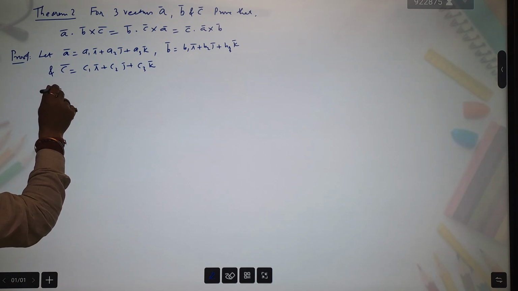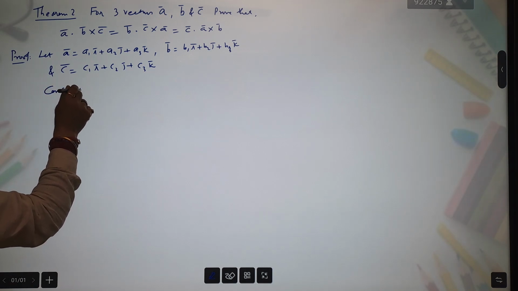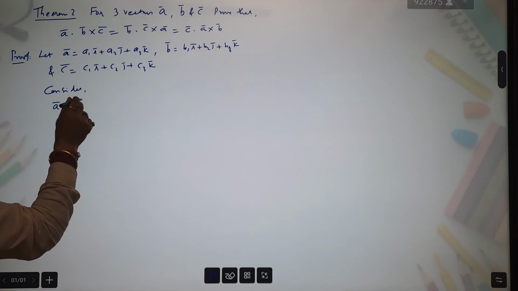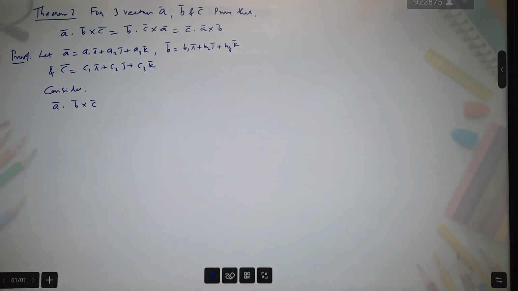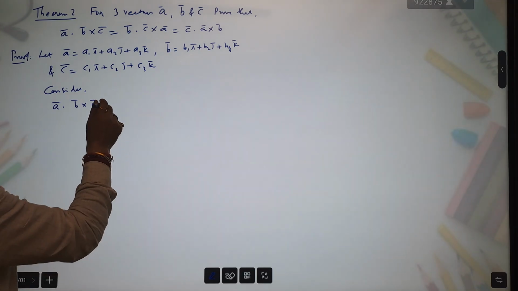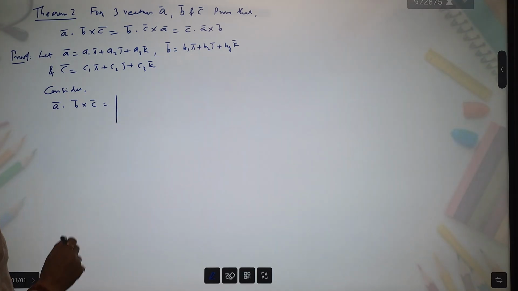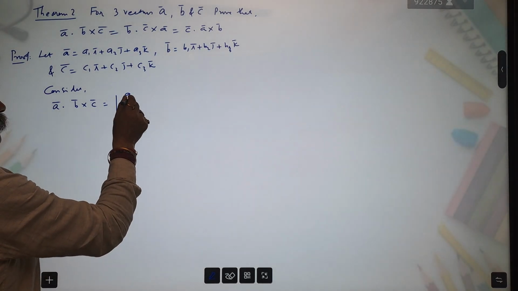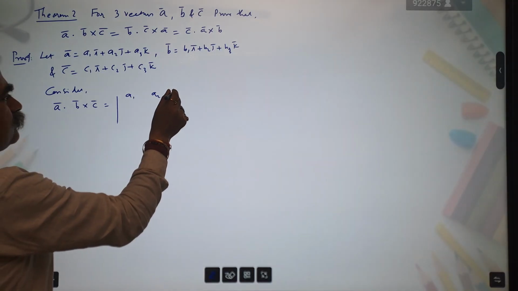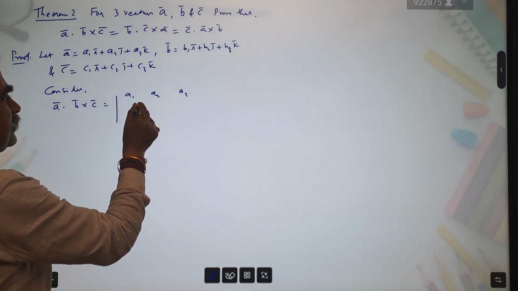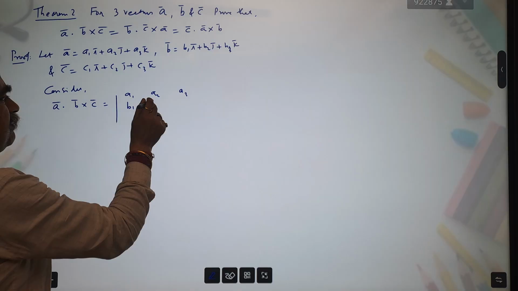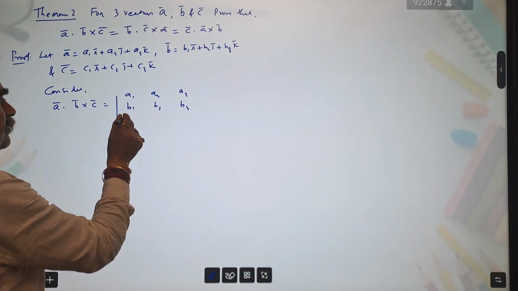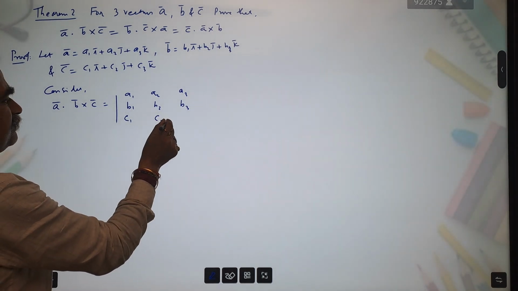Consider A bar dot B bar cross C bar. We have proved in previous theorem A dot B cross C is what? A1, A2, A3, B1, B2, B3, C1, C2, C3.